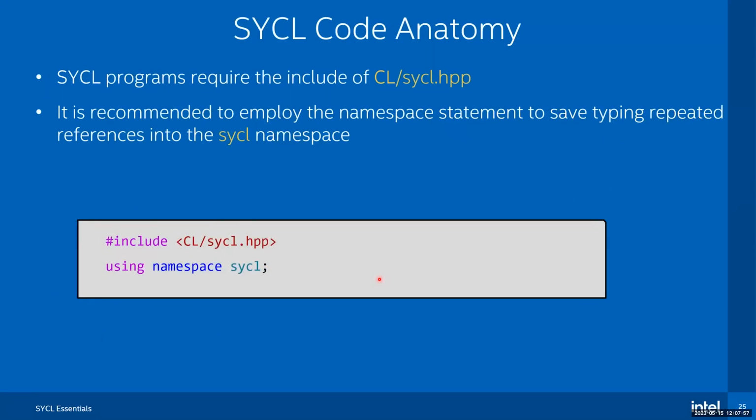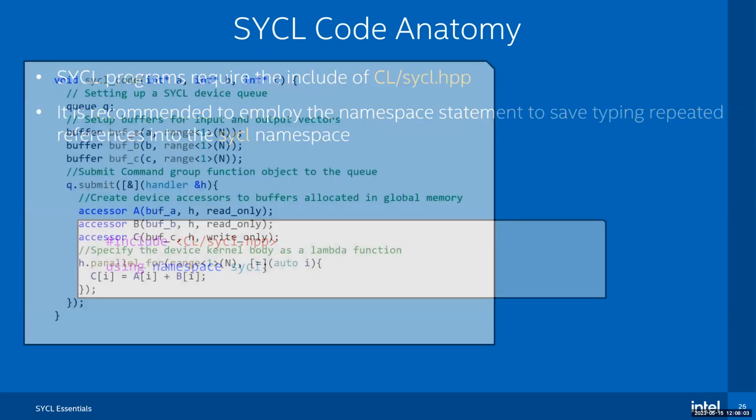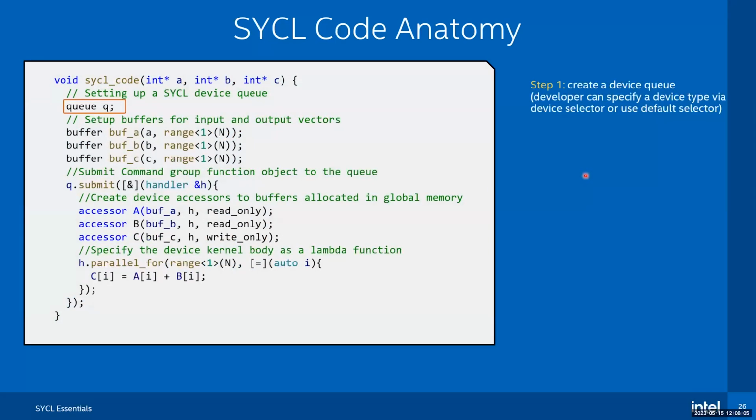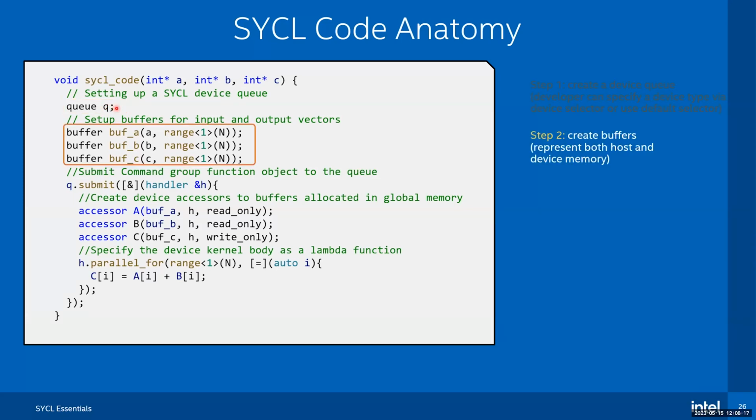So before we go into the next hands-on, I will quickly go over one more section where we look at code anatomy. I think we've looked at this one. In the basic SYCL code anatomy, the first step is we create a queue, where you can specify a device if you want, or you can just let the default selector choose.